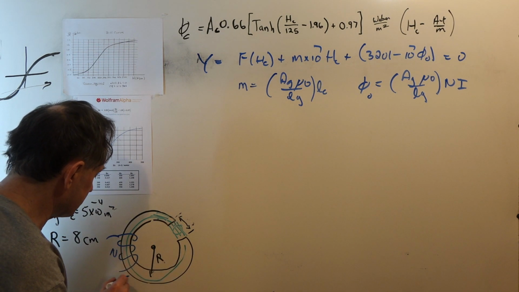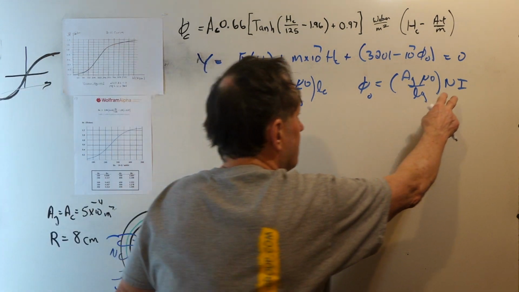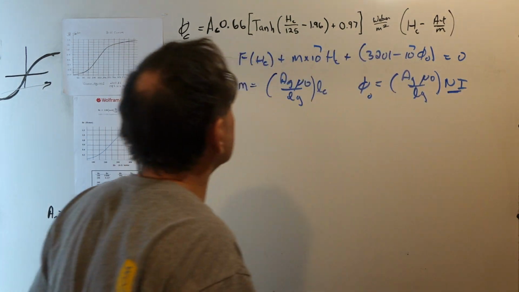We have N turns and we have a current I, so N times I is our magnetomotive force here.